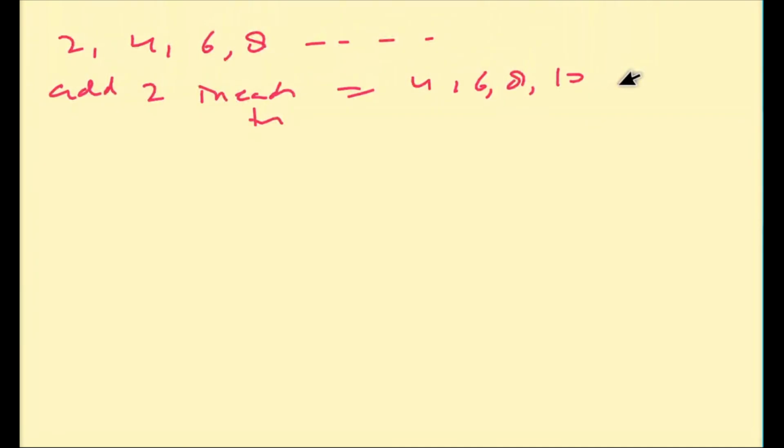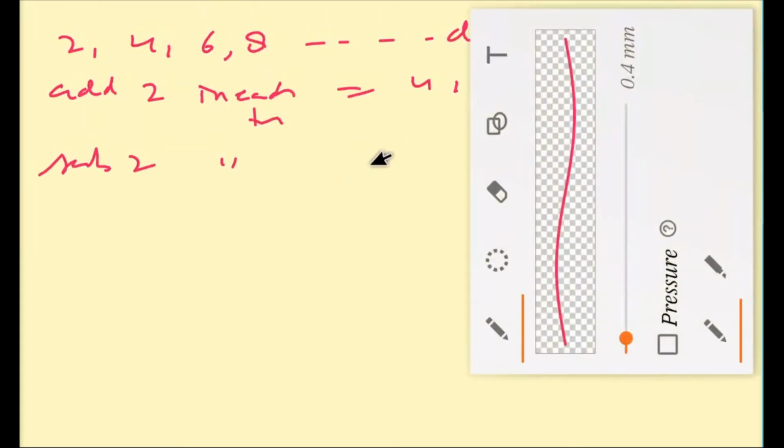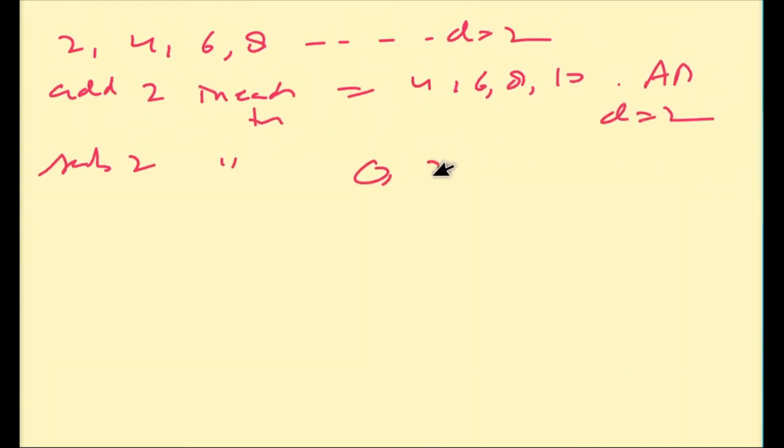Is it AP? Yes, it is AP. Here the common difference is 2, here the common difference is 2. Now subtract 2 from each term, we get 0, 2, 4, 6. Is it AP? Yes, it is AP. The common difference is again 2.